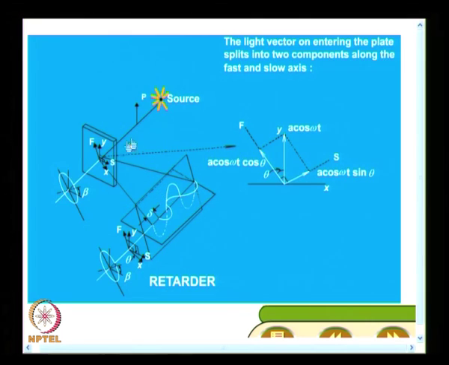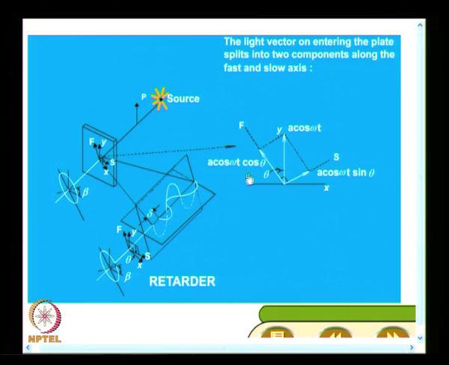So, what we need to do is, if I want to represent this crystal plate, or the model which is loaded behaves like a crystal, we want to replace this by one matrix which represents the rotation, and another matrix which represents the retardation introduced.